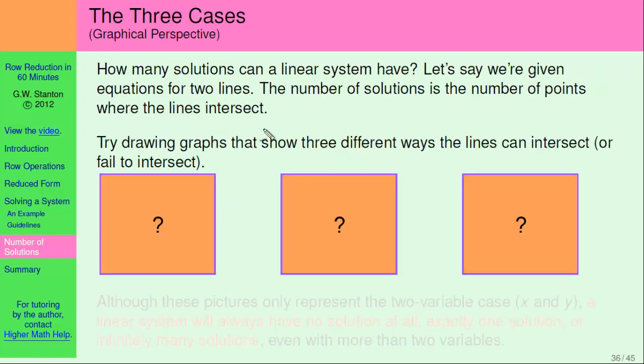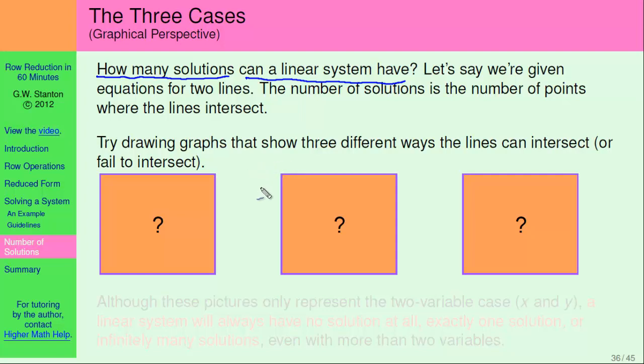Now we're ready to answer our original question, which was, how many solutions can a linear system have? For example, let's say we're given equations for two lines. In that case, the number of solutions is just the number of points where the lines intersect.